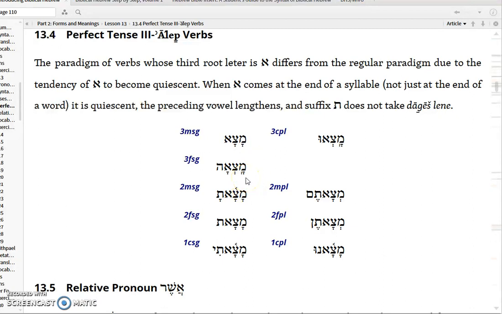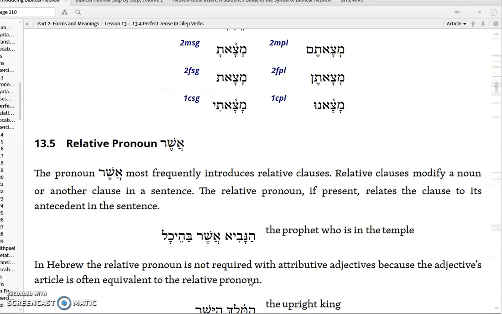The third feminine singular is just like the paradigm, matzah, but then the other forms, matzata, kamatz is there rather than patah, matzat, you get a kamatz there rather than a patah for the second feminine singular, and then matzati, you get the kamatz. So basically you're getting a kamatz rather than a patah. This shouldn't be too hard to recognize, but that's what it is.